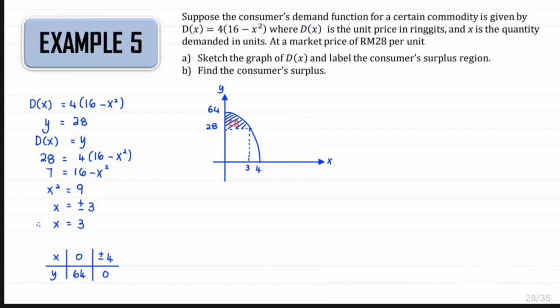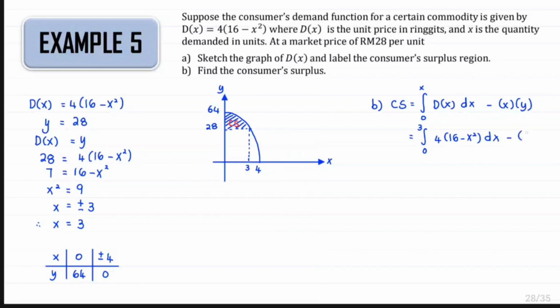Question B, we want to find the consumer surplus. Okay, the formula for consumer surplus, CS equals the integral from 0 to x of the demand function, and then minus x times y. So we have x is 3, the demand function is 4 times (16 minus x squared) dx, then we minus the point x equals 3 and y equals 28.